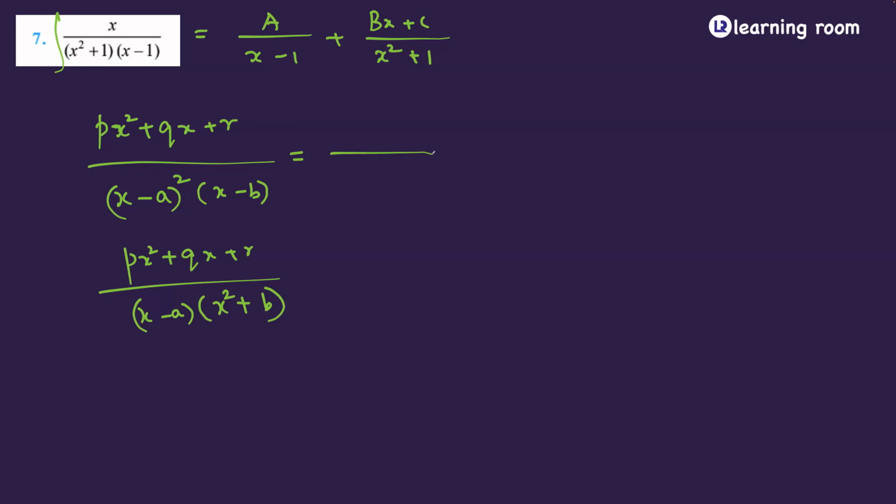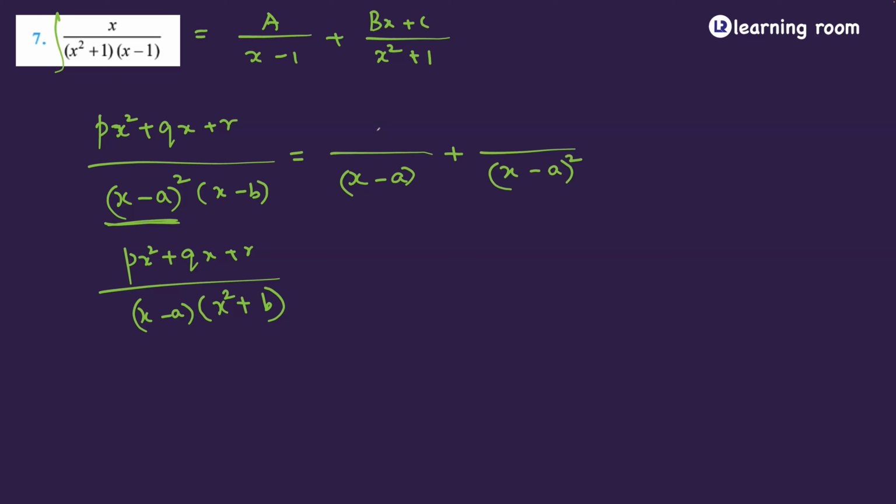So listen, for this, the difference is x minus a the whole square. So I can write as x minus a into x minus a into x minus b. This can be similar to the third form also, right? But generally, look at the second form. Whenever you have a repeated root in the denominator, you will write the repeated root once as x minus a, and the other time as x minus a the whole square.